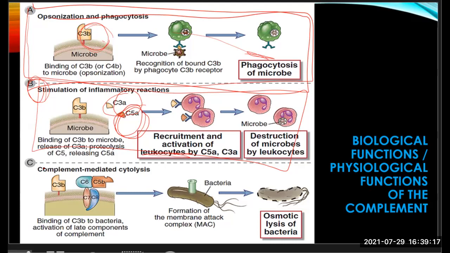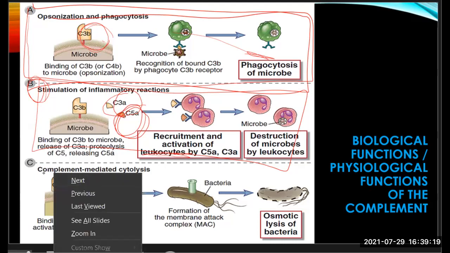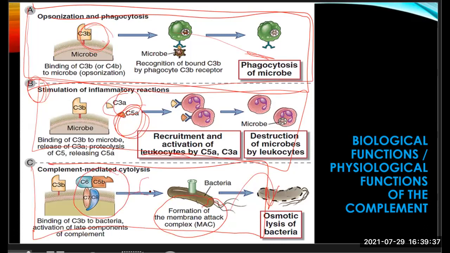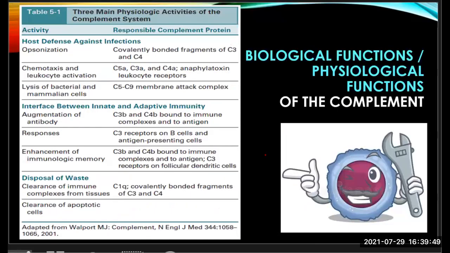And row C represents how the MAC, the membrane attack complex, brings forth lysis of cells. Once C9 is added, it creates a pore in the cell membrane, and then it leads to cellular lysis.